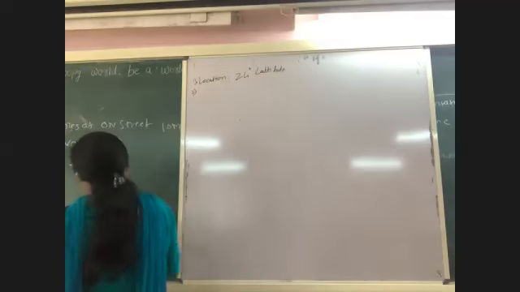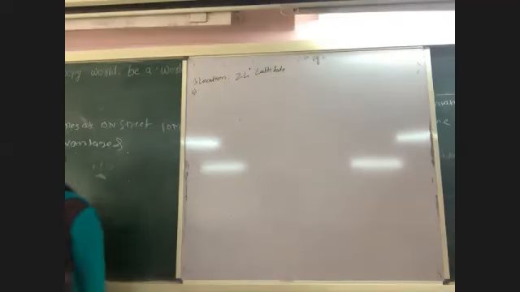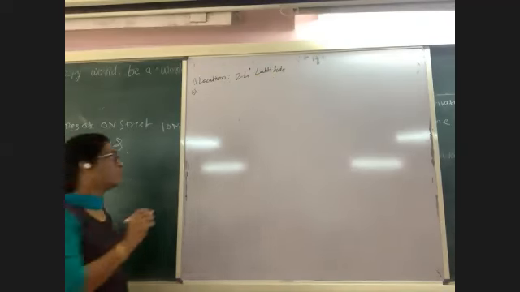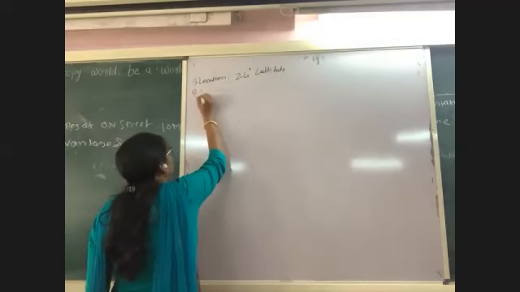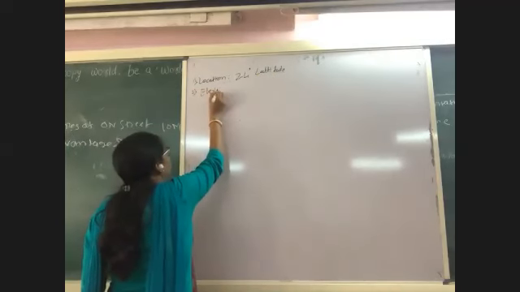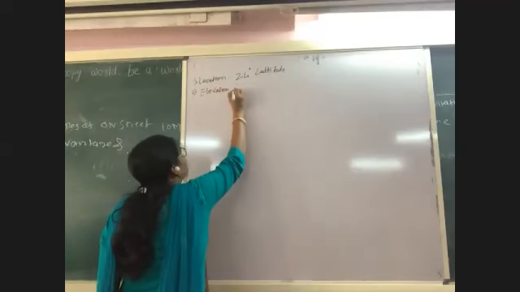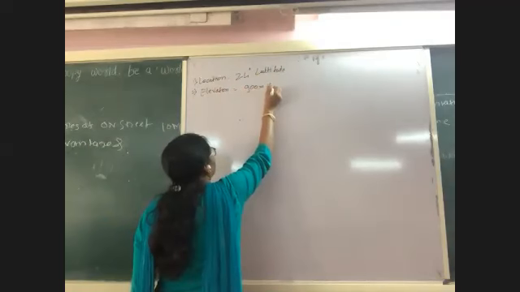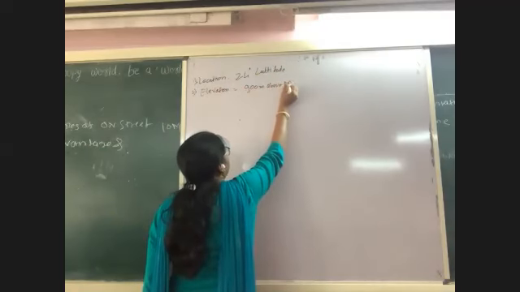Second data is given to you: elevation, 900 meter above mean sea level.